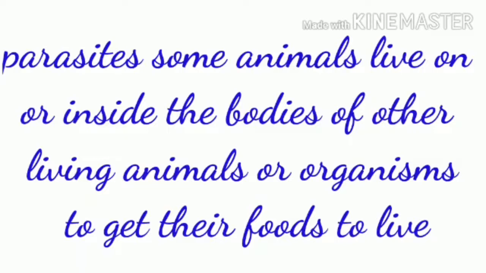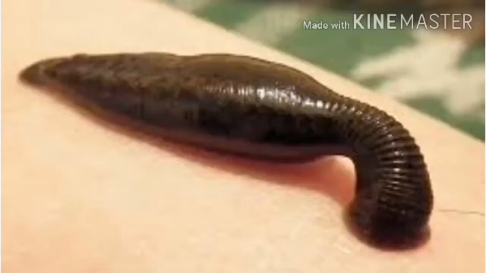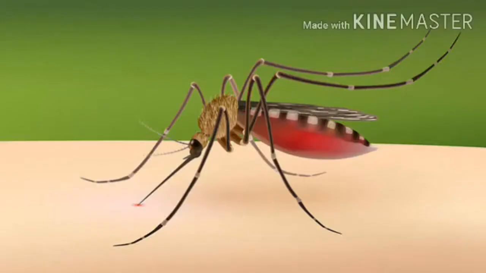These are called parasites. Example: lice, leeches, and mosquitoes. These suck the blood of their host.